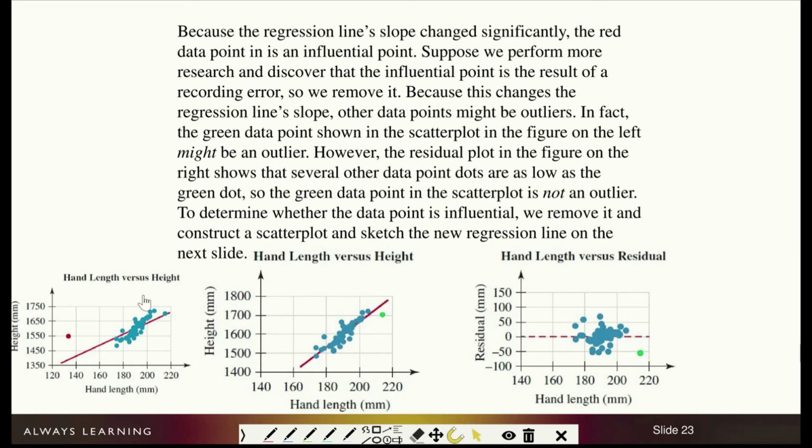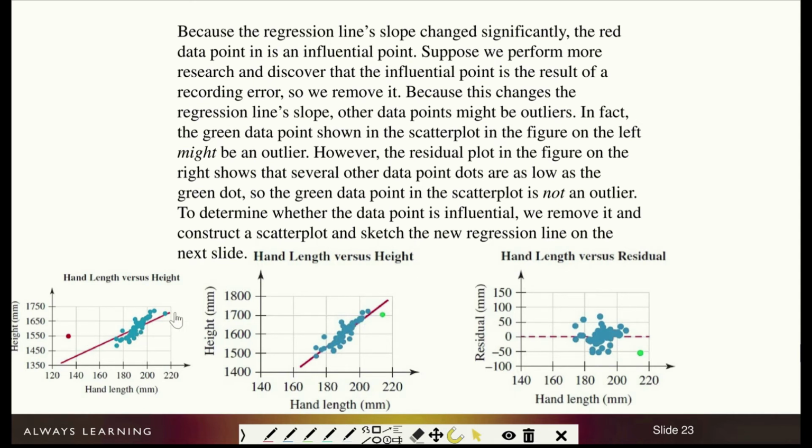Okay, so after we remove it, I replicated the graph from the previous page here for your reference. Notice that this point was removed, and then we did a new scatter plot of the data, and we did a new linear regression model.